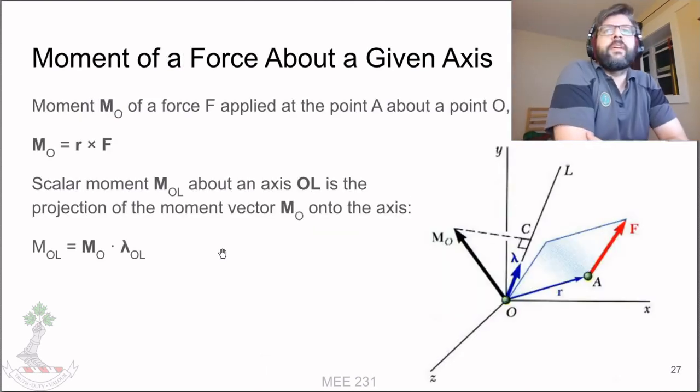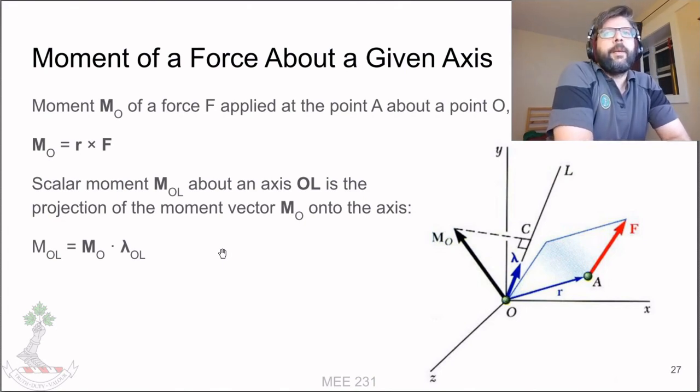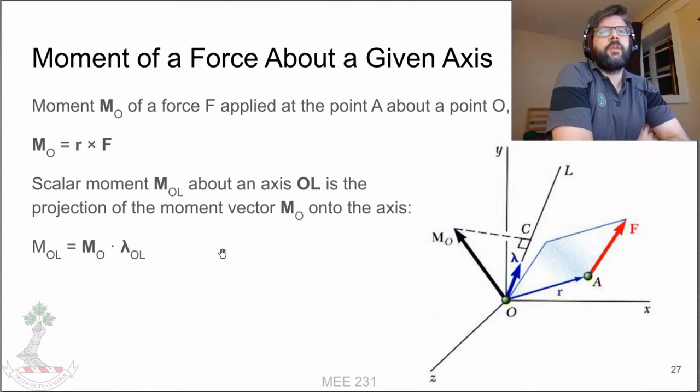So the point here is that this is what allows us to figure out how a moment that is caused by a force applied at a particular point will cause a rotation about an arbitrary axis.